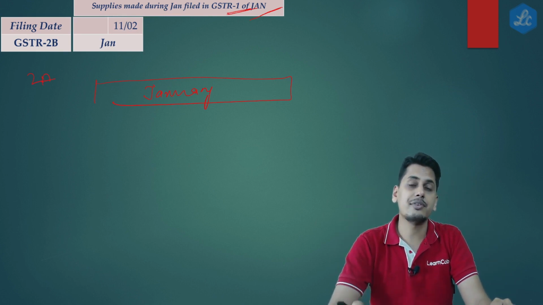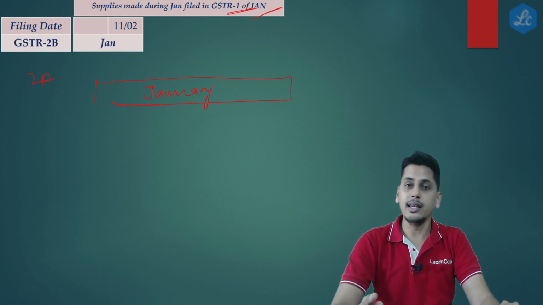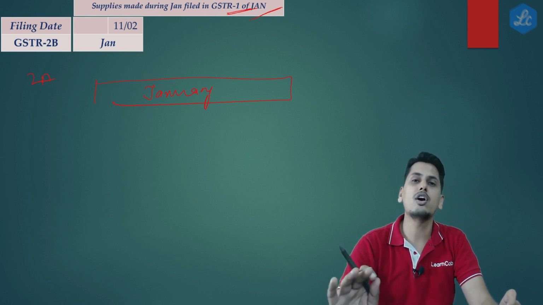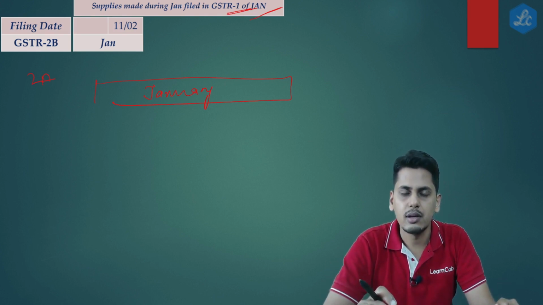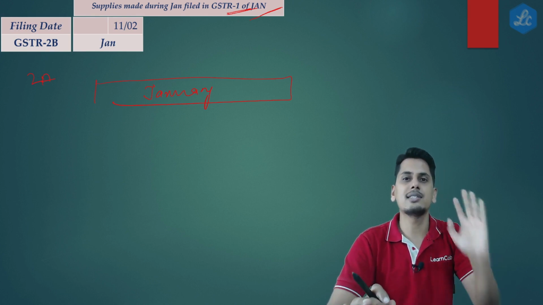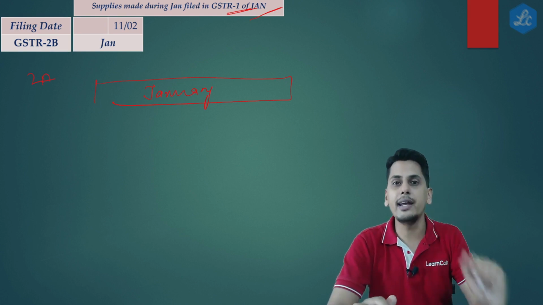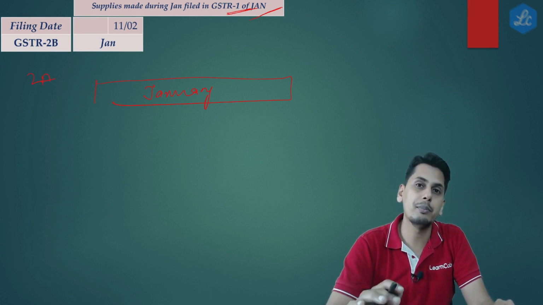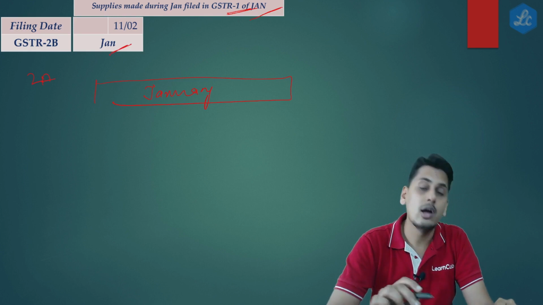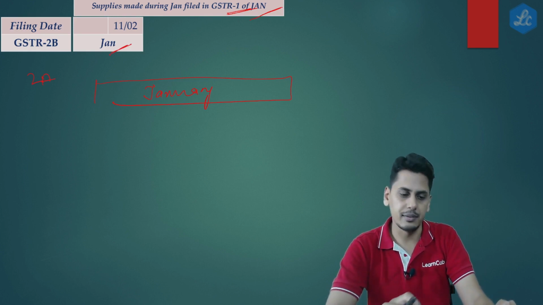Case A, supply made during Jan, included in GSTR 1 of Jan, but this GSTR 1 of Jan is filed on 11th of February. What is the due date for filing GSTR 1 for January? It is 11th of the subsequent month. So now it is 11th of February. Is it filed by due date? The answer is yes. So it should appear in GSTR 2B of January.